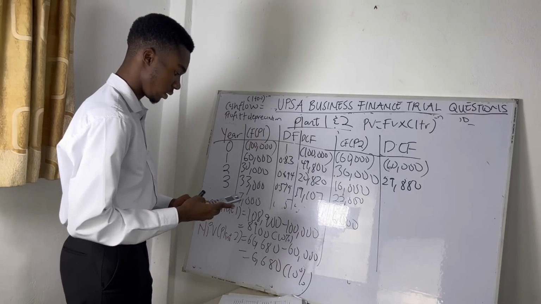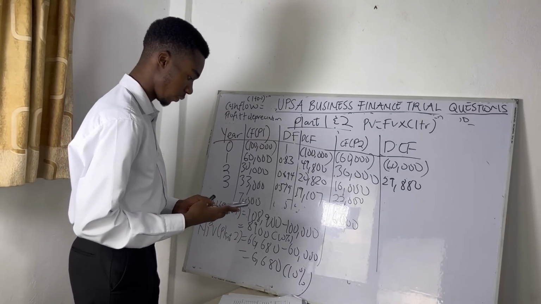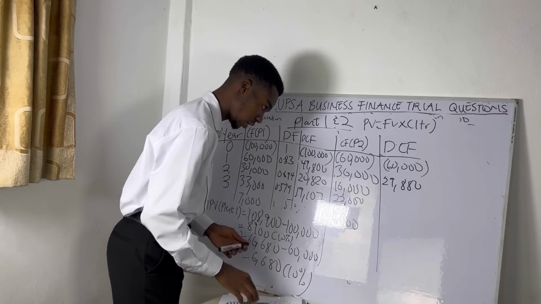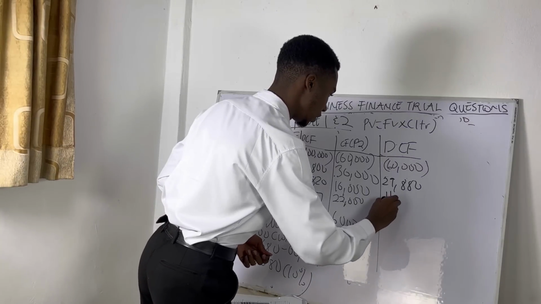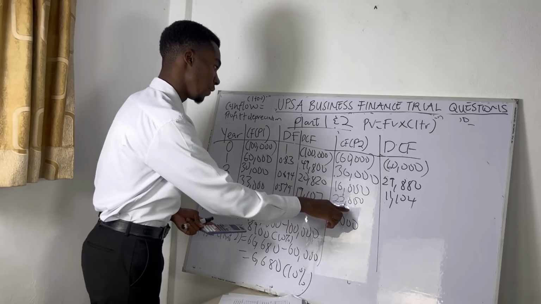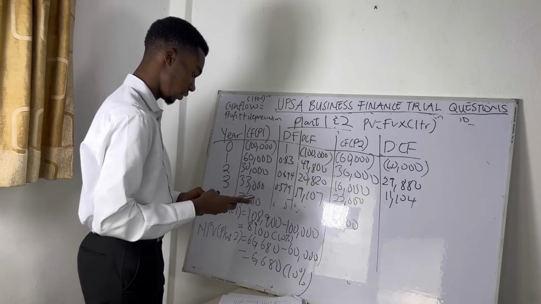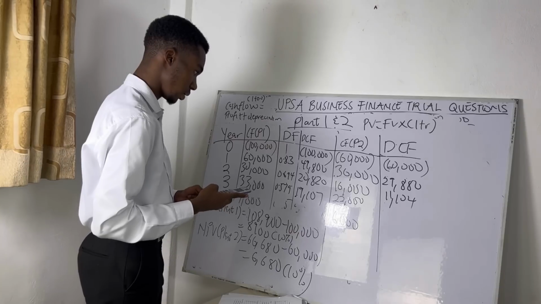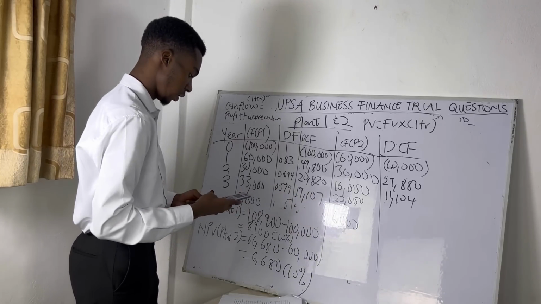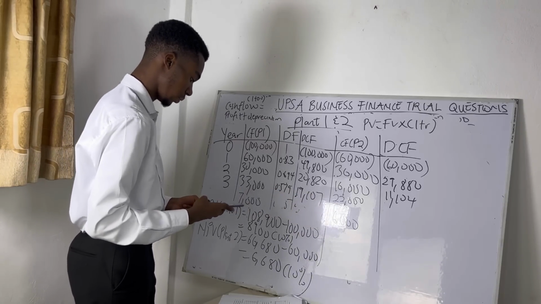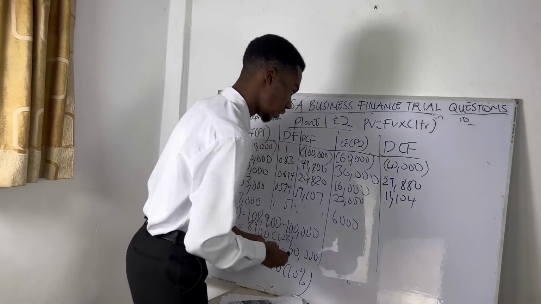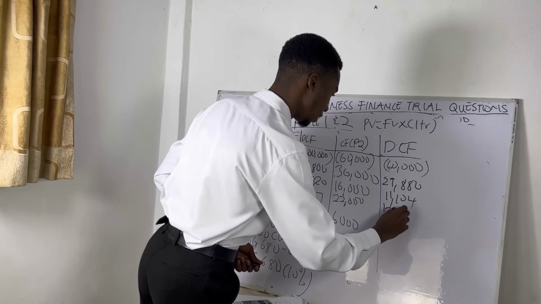We have 11,104. Then we have 22,000 times 0.579. We have 12,738.